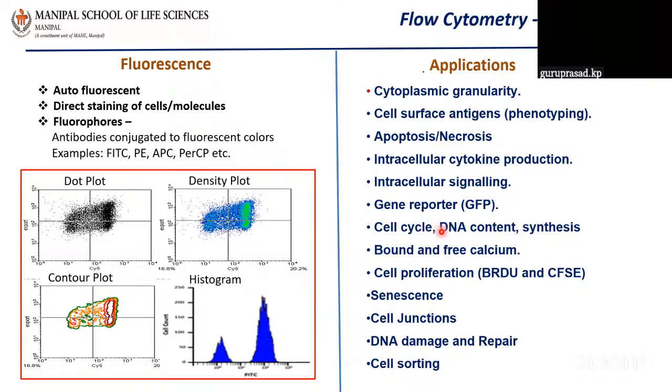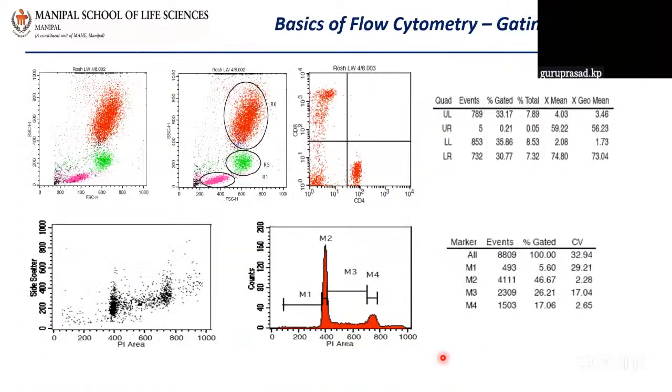Cell cycle analysis, DNA content and DNA synthesis, DNA damage and repair, senescence, cell proliferation, cell sorting. I will talk about this later. So you have so many applications. I have listed very few applications, and I will show you some examples also.